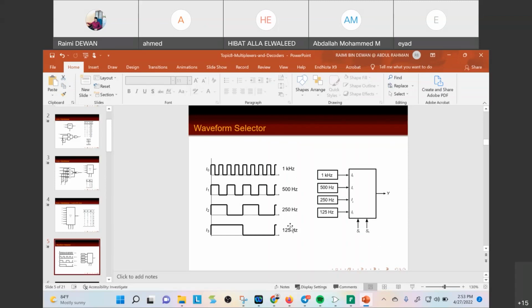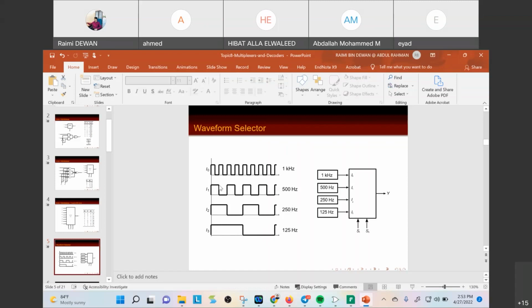So frequency means the number of complete cycles in a given duration. If you notice, the higher the frequency, the more complete cycles you have. For example, this one is 1 complete cycle for a given time. For 250 you have 2 complete cycles.